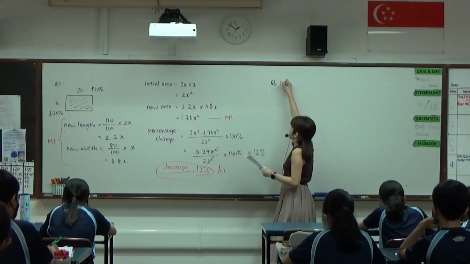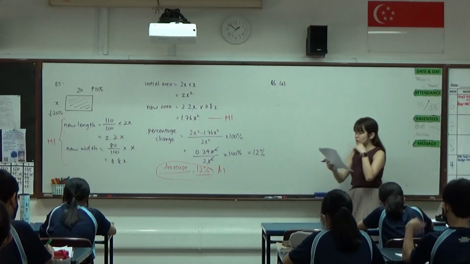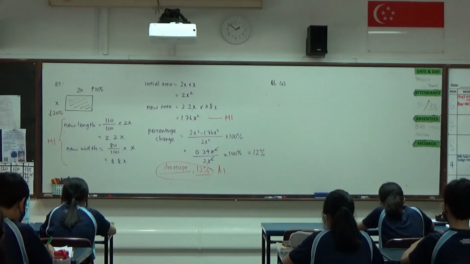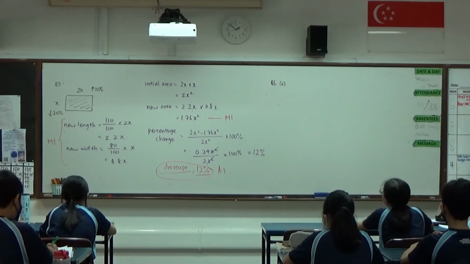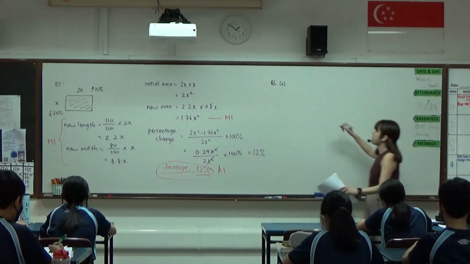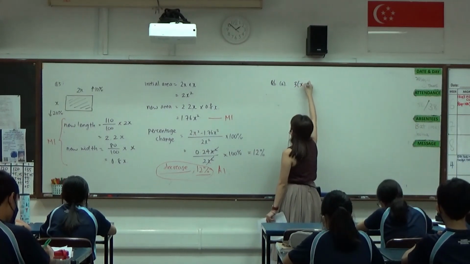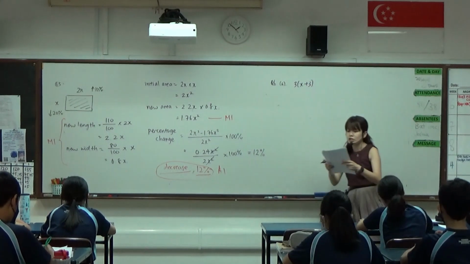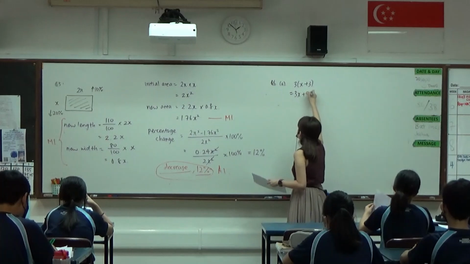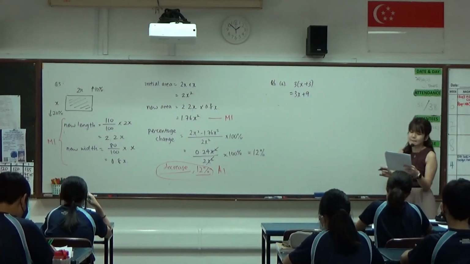For part A, the question wants you to find the total cost of the children's tickets. In this case, that will just be 3 times x plus 3 because there are 3 children. You may simplify or expand it, and you'll get 3x plus 9.